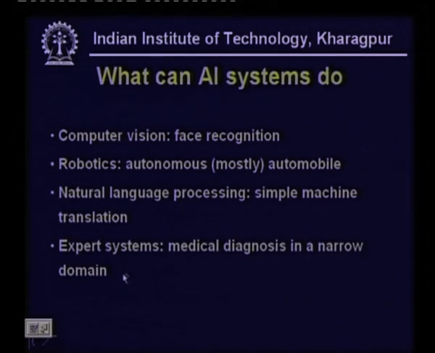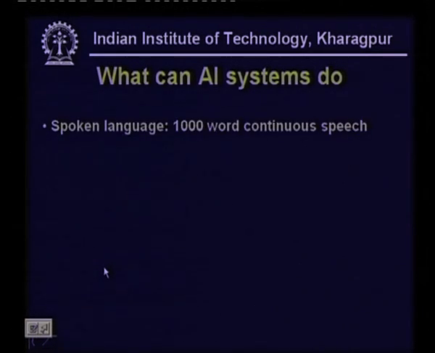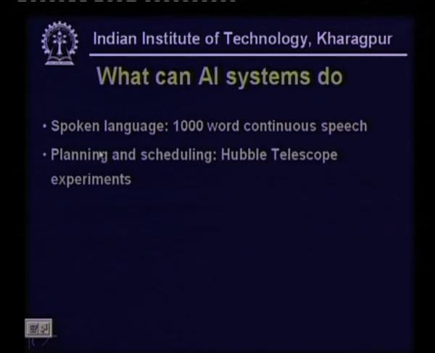Our expert systems can do medical diagnosis in a narrow domain. Our spoken language systems are capable of 1,000-word continuous speech. Planning and scheduling systems are used in Hubble telescope experiments.